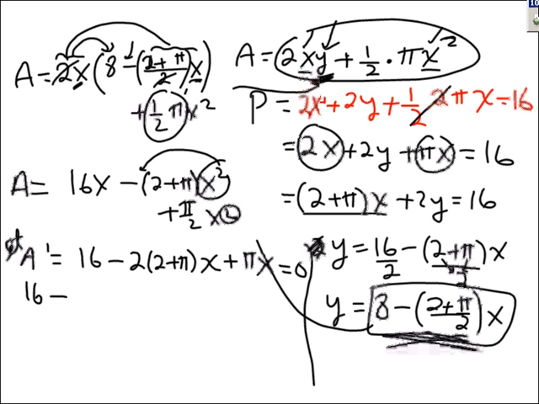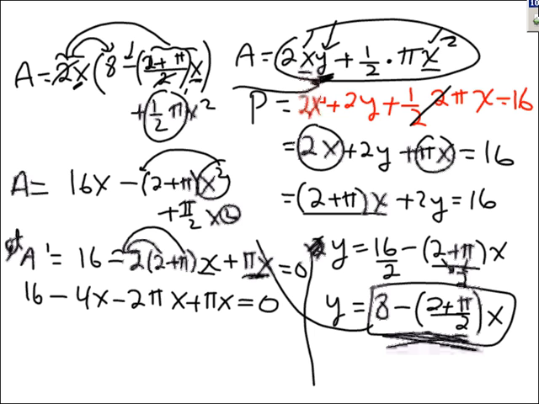With 16 minus 4x minus 2 pi x plus pi x equal to 0. If you prefer, you can put that x right there, and then you really do have 2x times 2, which is 4x, and 2x times pi, which is 2 pi x, with the minus in front.